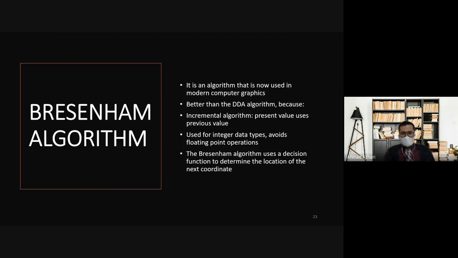It's better than the DDA algorithm and the straight-line algorithm, because it is an incremental algorithm: the present value uses the previous value, and it uses integer data only, avoiding floating point. The algorithm uses decision functions to determine the location of the next coordinate.